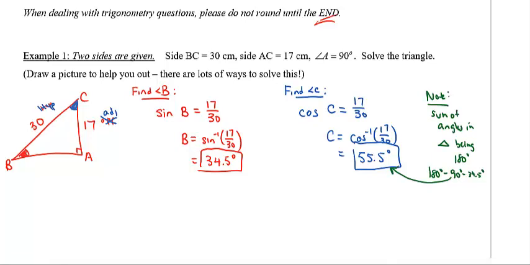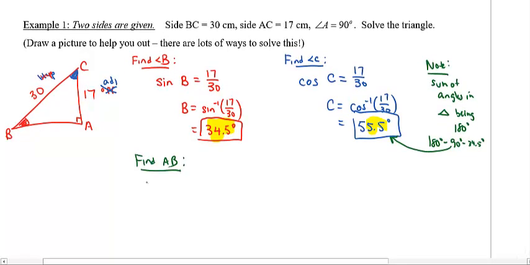Now that you have the angles, you can find AB using trig. But what happens if I don't trust my answers? If you wanted to find the length of AB with the information that you were originally given, the only way to do this, because it's a right angle triangle, is to use Pythagoras.